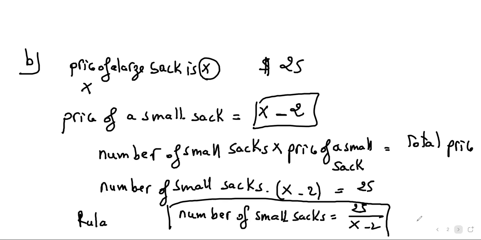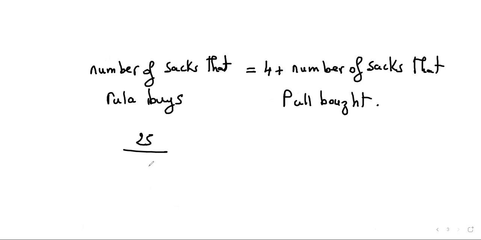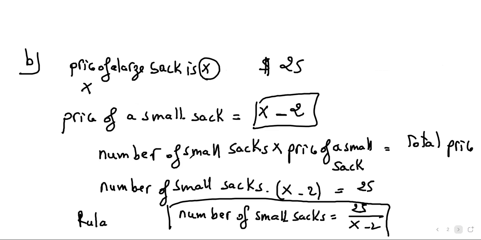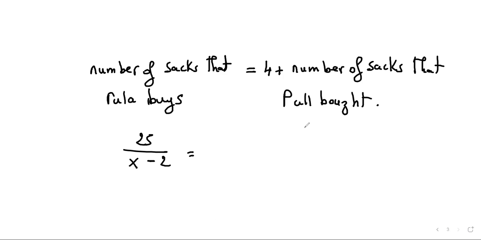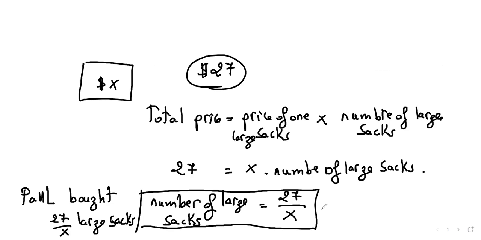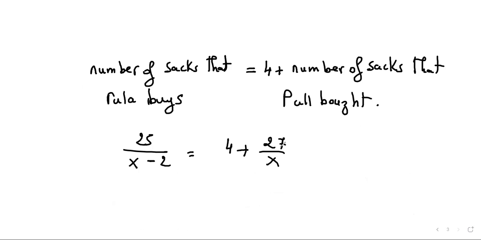So I have 25 divided by X minus 2 is equal to 4 plus 27 over X, because this is the number of sacks that Paul bought, right? So this is the one that I'm looking for. I have an equation like that.